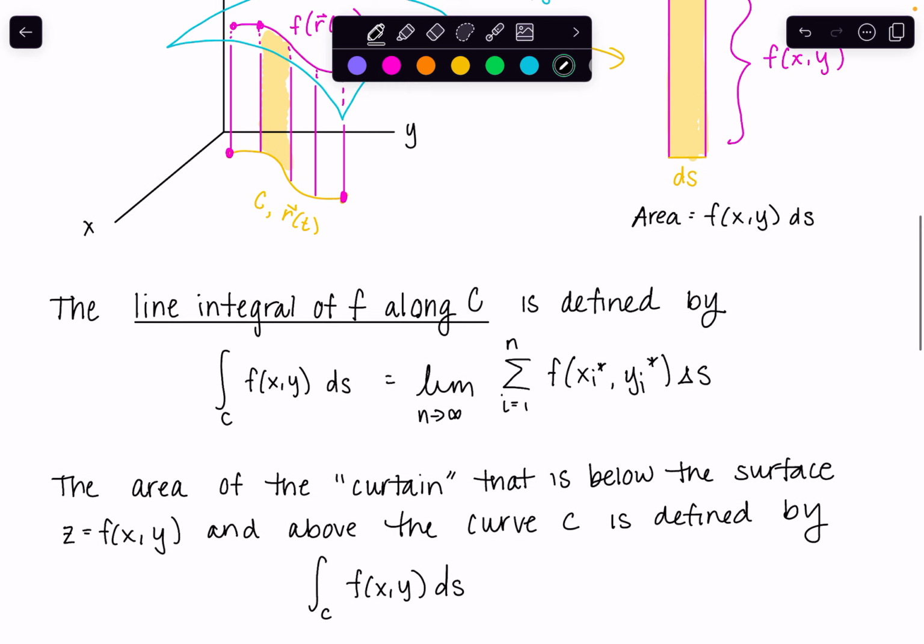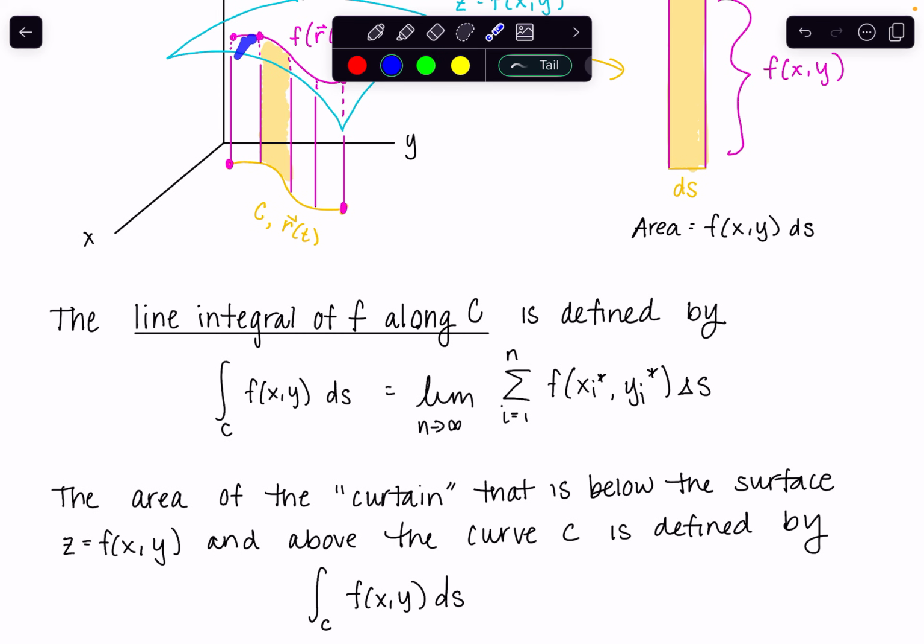Okay. So the line integral finds this total area here. You have your curve, you drop that sheet down to the xy plane, and it finds the curtain.